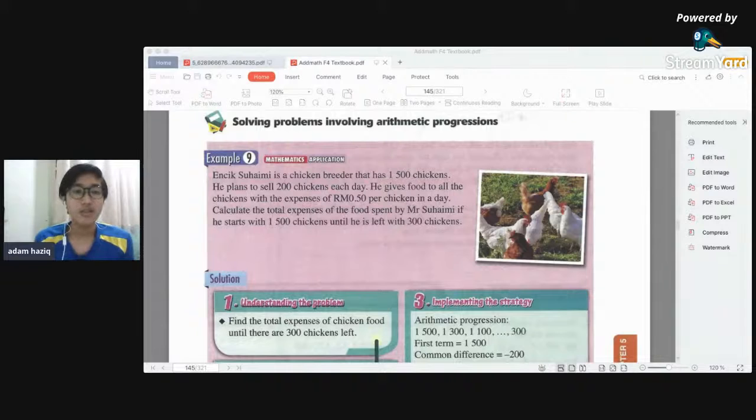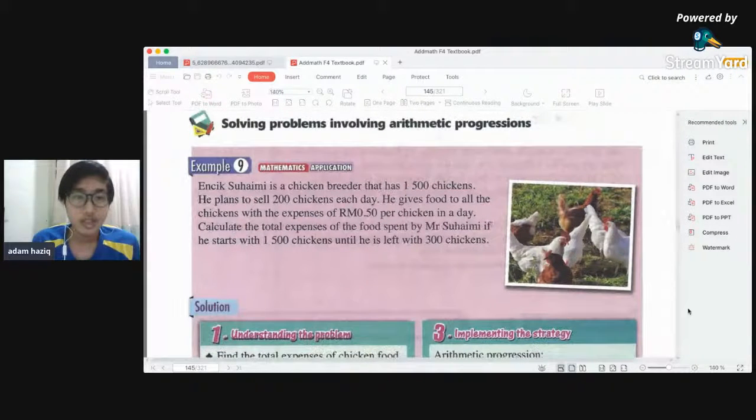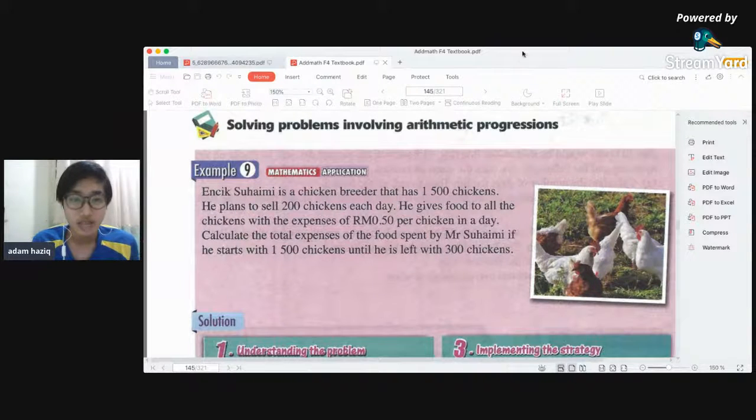So now I'm going to continue my presentation for example 9. This example will introduce you to solving problems involving arithmetic progressions. The example gave a statement: Encik Sohaimi is a chicken breeder that has 1,500 chickens.